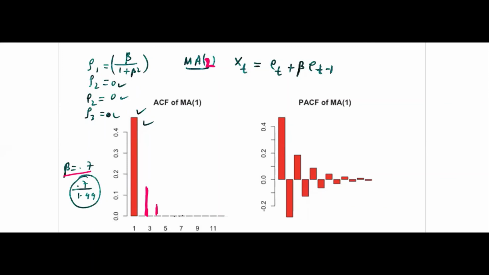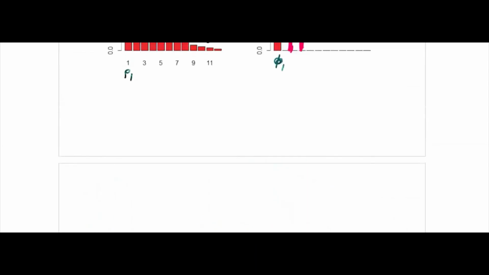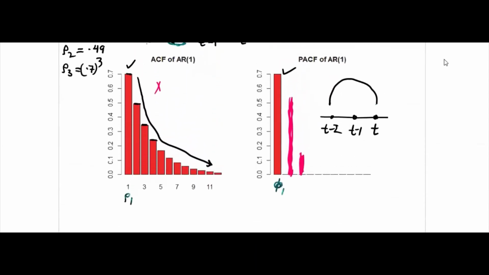And after 3 it's 0, then fine. But suppose they are not becoming 0, or they are increasing, decreasing, and so on, their behaviors, they are not dying out, then you need to consider an ARMA combination process.